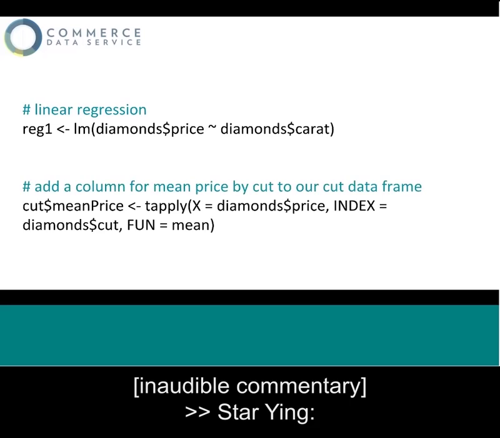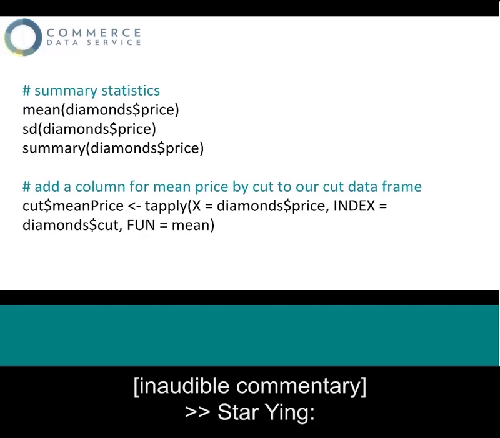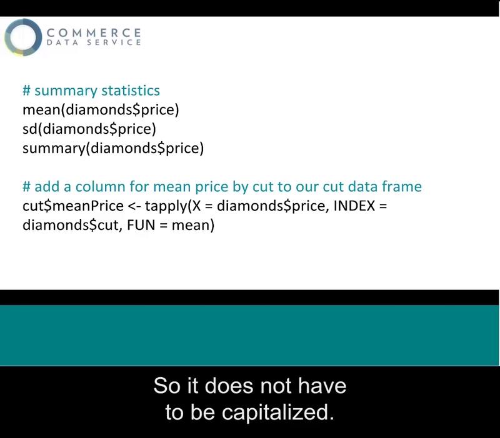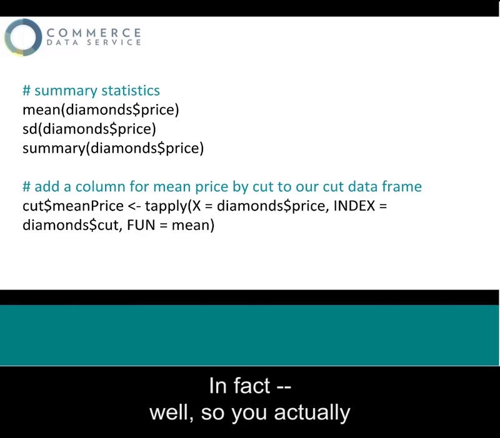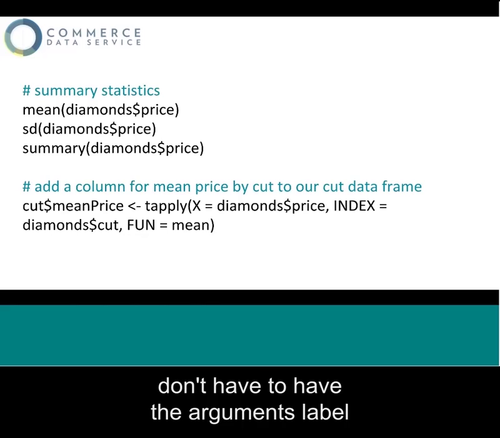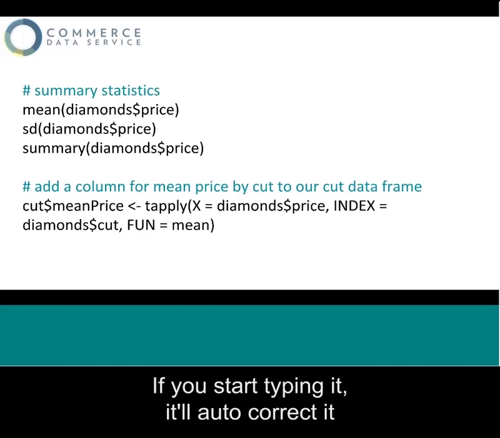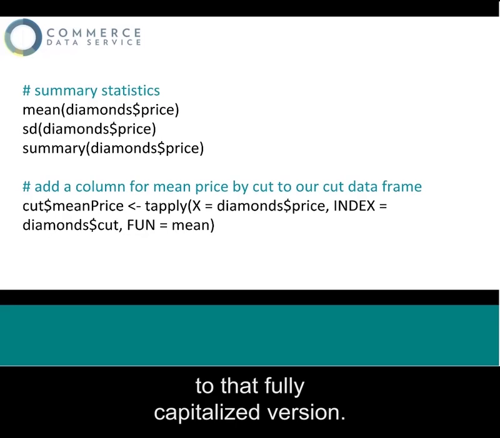Oh, does the argument index have to be capitalized? It does not have to be capitalized. In fact, you actually don't have to have the argument label in there at all. If you start typing it, it'll autocorrect it to that fully capitalized version.